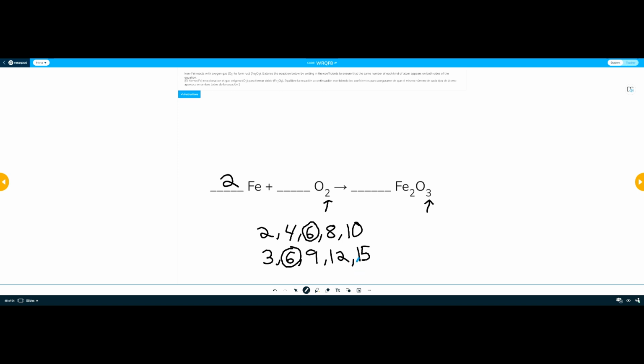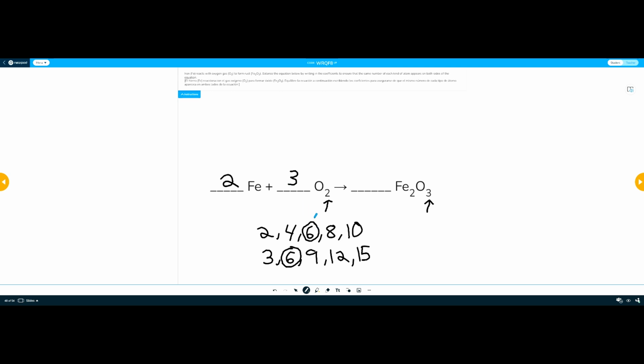So what we need to do is make both numbers multiply to turn into 6. Let's go ahead and do that. Ready? 2 times 1, 2, 3. 2 times 3 is 6.